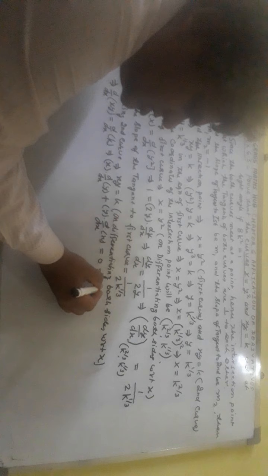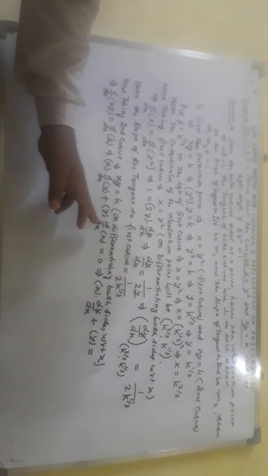Now do the operation here. Here I shall write x dot d over dx of y, which comes out to be dy over dx, plus y equal to d over dx of x. d over dx of x comes out to be 1.